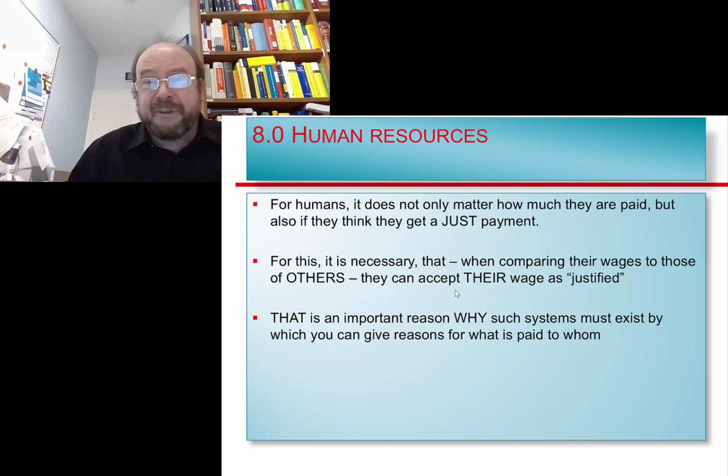So they compare with the wage of others, and if they see that's unfair, the relation in which they are paid with regard to others, then you will have enormous problems, because all primates have a very strong instinct to protest against unfair treatment.